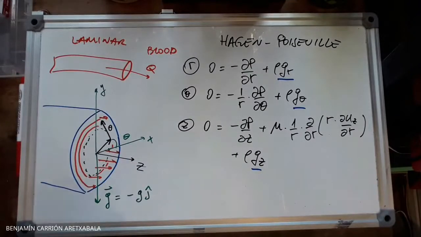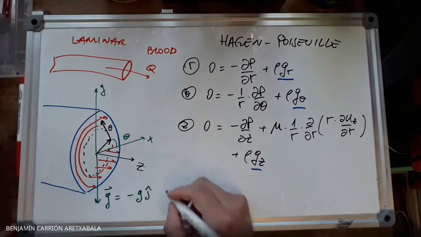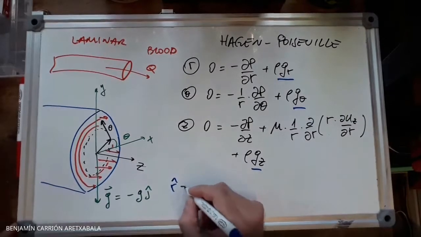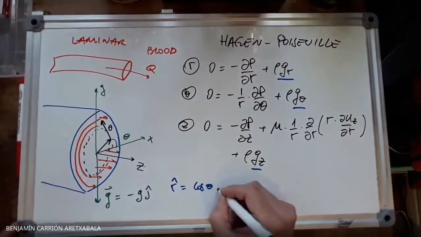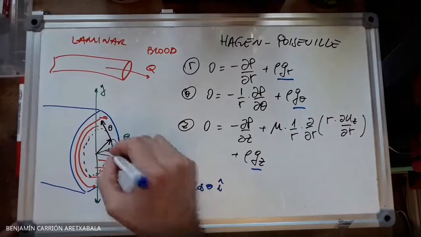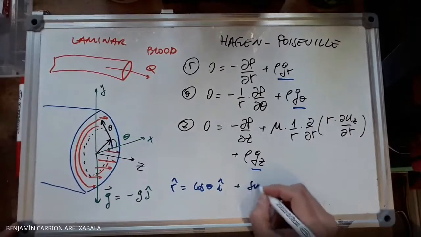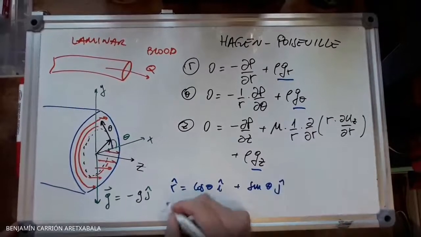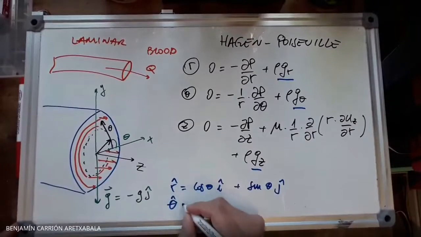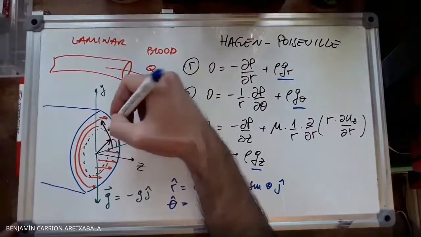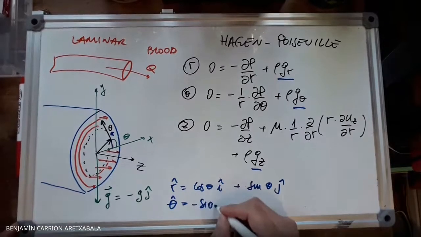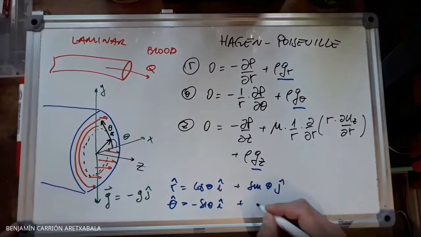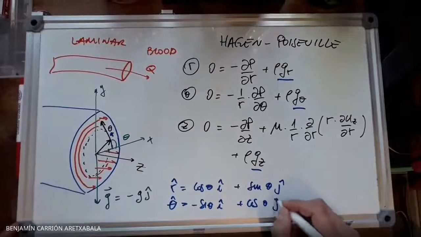And you might recall from your trigonometry classes, the r unit vector is going to be cosine of theta in i, the x direction, plus sine of theta in j, and the theta unit vector, which is this one, is going to be minus sine of theta in i plus cosine theta in j.